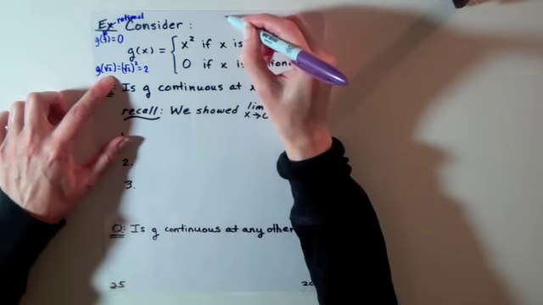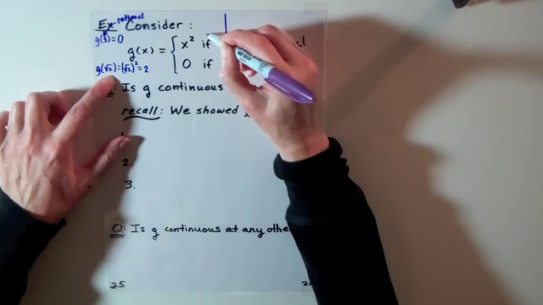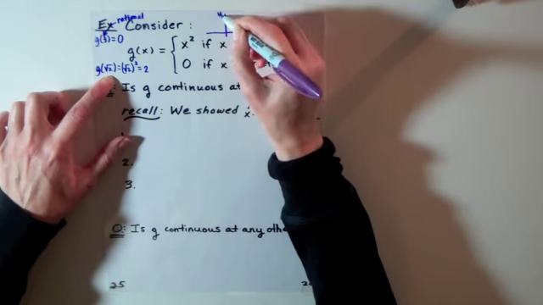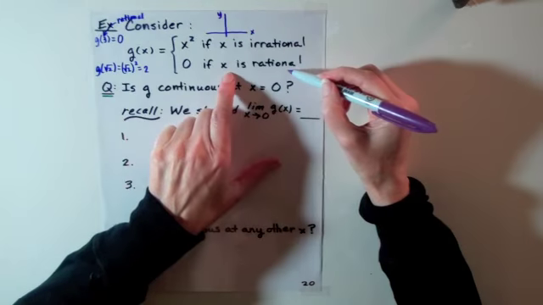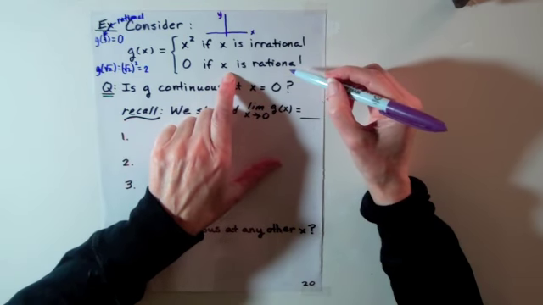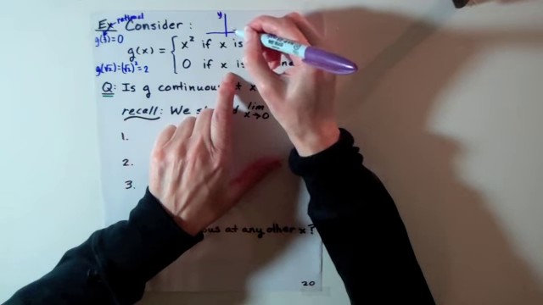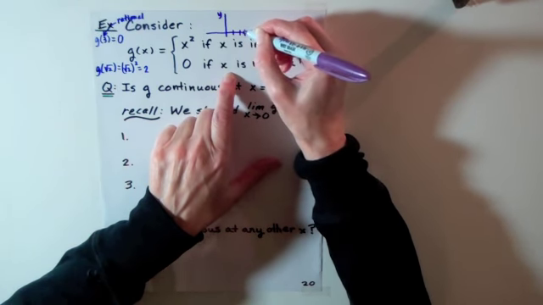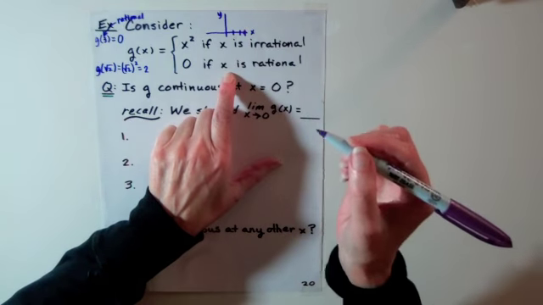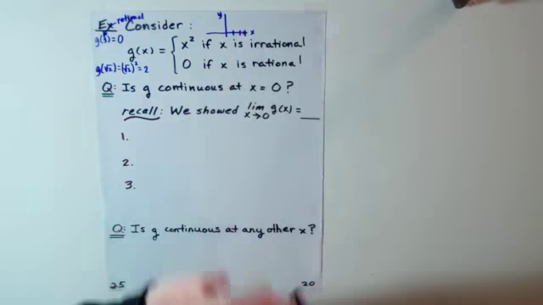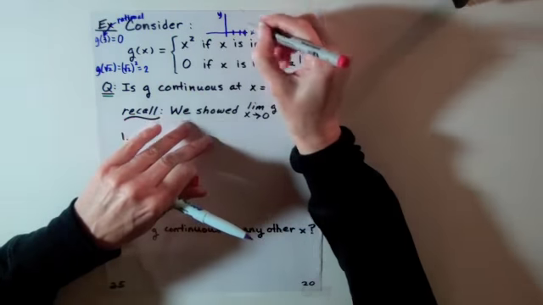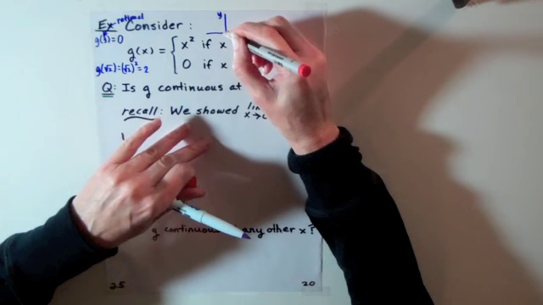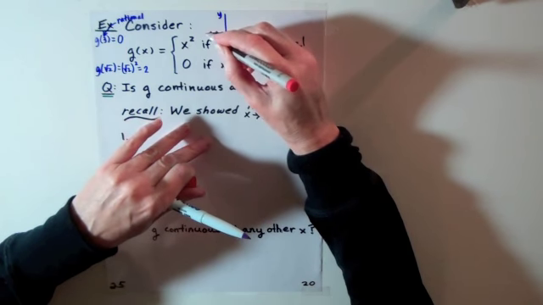You might remember we actually graphed this at the end of the last video, and g of x has a very interesting graph. Every time I put in a rational number, I get 0 as an output. So if I put in something like 3, we get 0 as an output value. So I get a point right on the x-axis. And that's true for every rational number. Let me go ahead and put those in red. So we get a whole bunch of red dots down here along the x-axis.